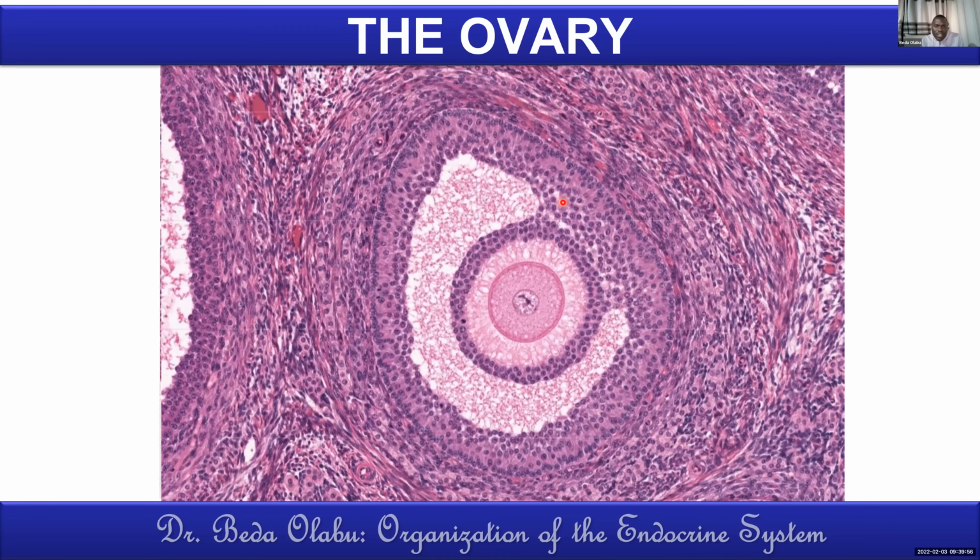And these granulosa cells external to the antrum constitute the stratum granulosum. Then external to that, we have the theca folliculi. Theca folliculi may also have two layers. We have theca interna very close to the follicle and theca externa away from the follicle.